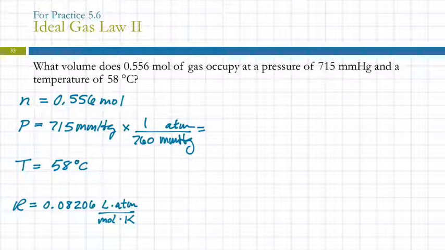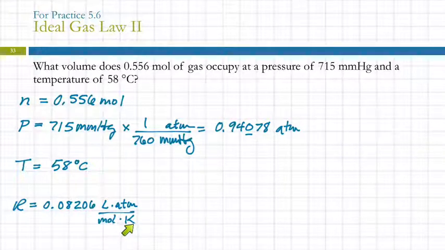So 715 divided by 760 is 0.94078 atmospheres. I want to keep some extra digits because I'm going to use this in an equation.